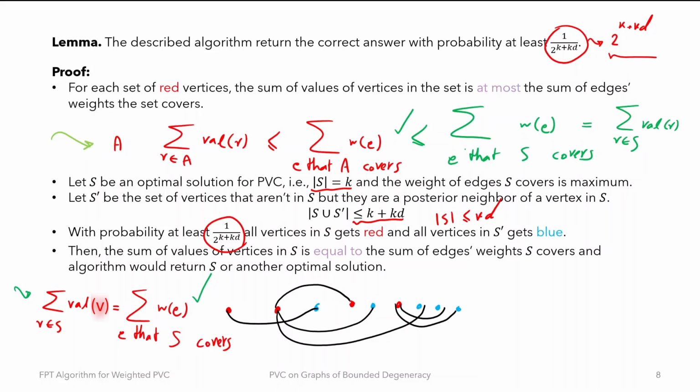Okay, but note that this only happens when all vertices of S are getting red and all vertices of S prime are getting blue.